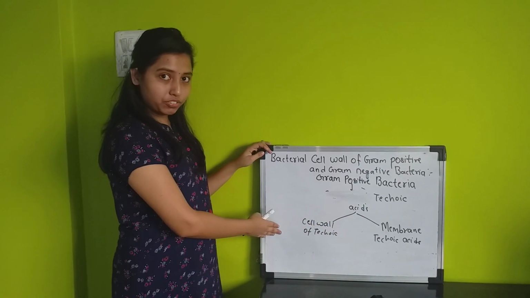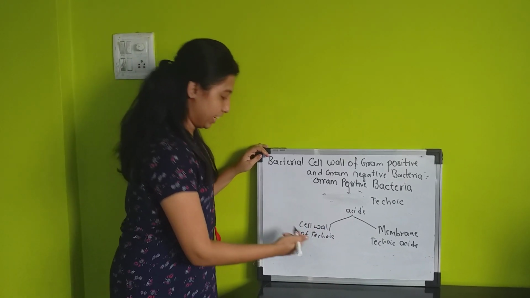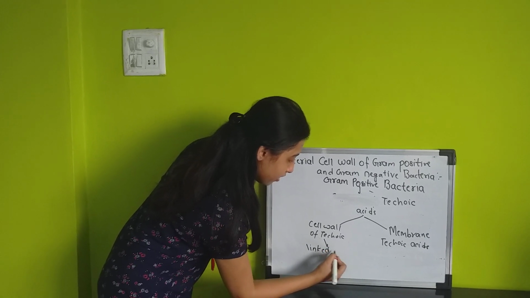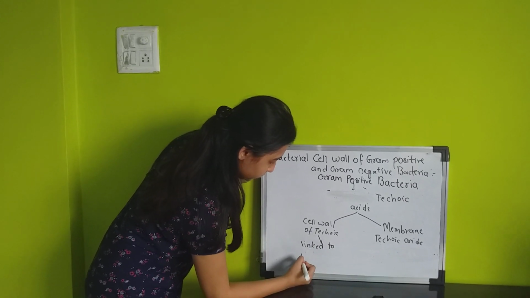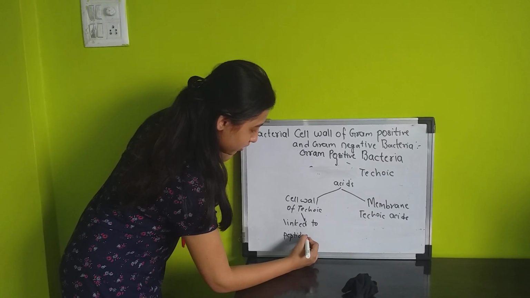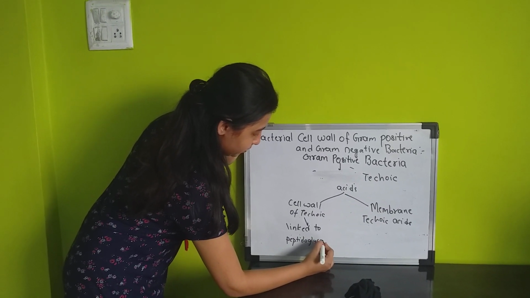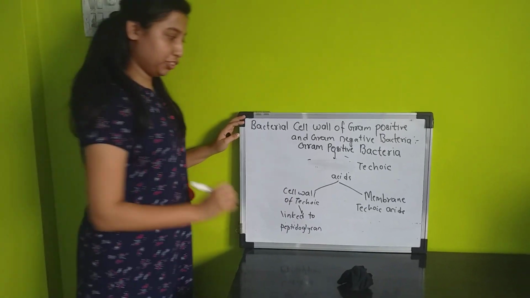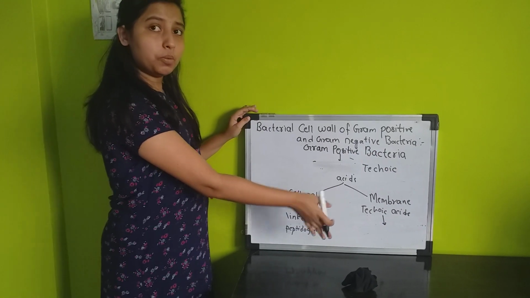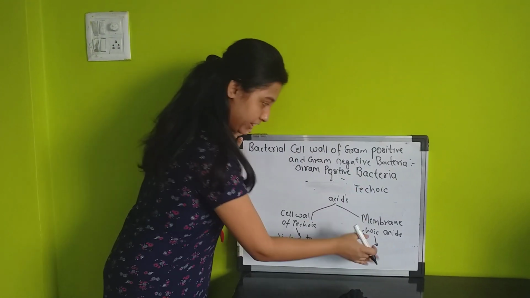Now, cell wall teichoic acids are linked to peptidoglycan. Understood? Now, membrane teichoic acids are linked to membrane glycolipid.